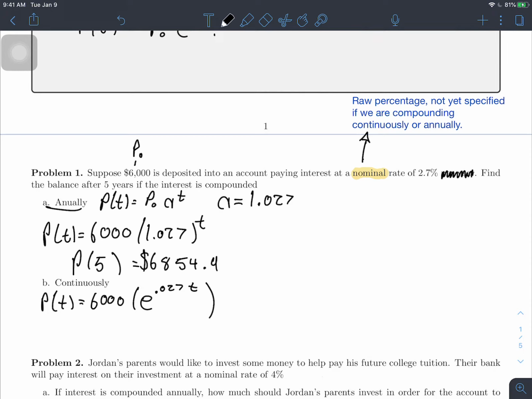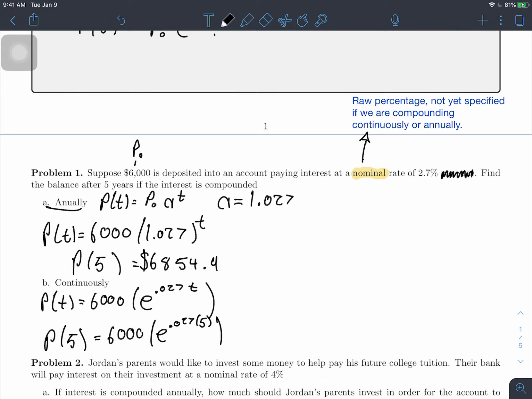Okay, now when we plug in P of 5, we'll do 6,000 times e to the 0.027 times t. There should be a 5 in there. Let me put a 5 in there.